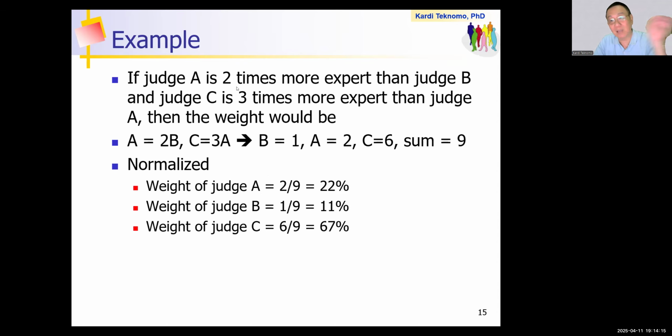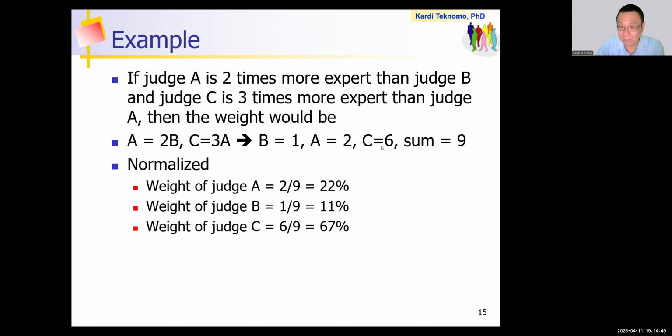Judge A is 2 times more expert than judge B, and judge C is 3 times more expert than judge A. So A is 2 times B, C is 3 times A. If we put B equal to 1, then A is equal to 2, and C becomes 6, 2 times 3.